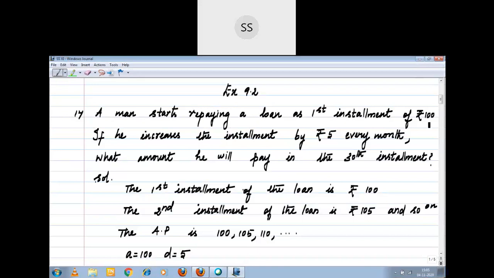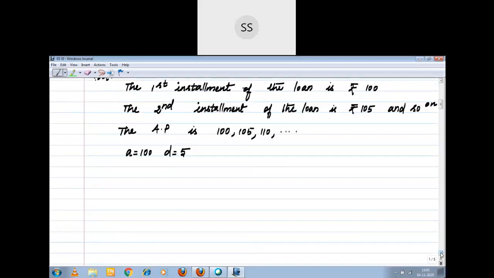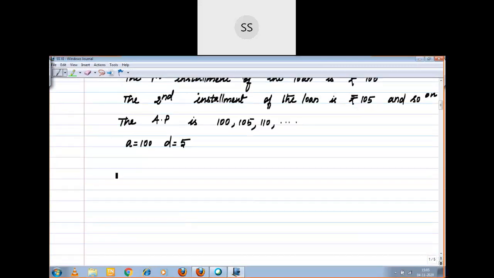So your a is 100, d equal to 5. What do you want to find? a30. That means n equal to 30.